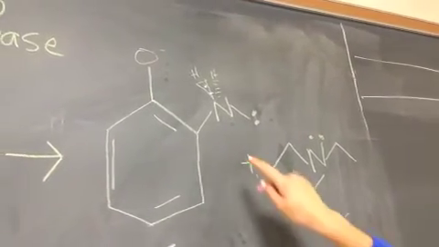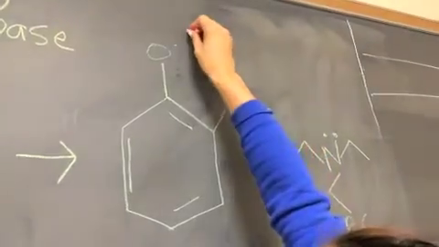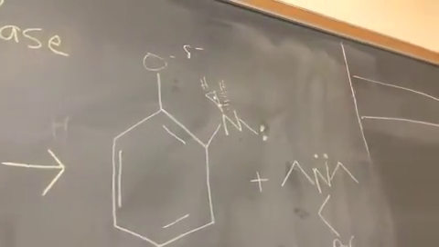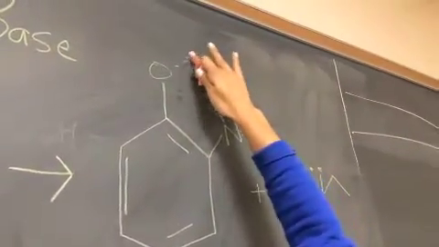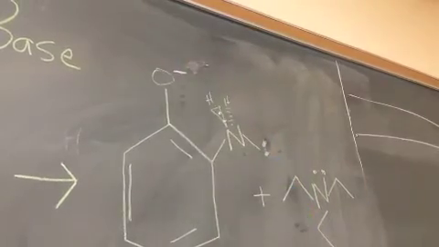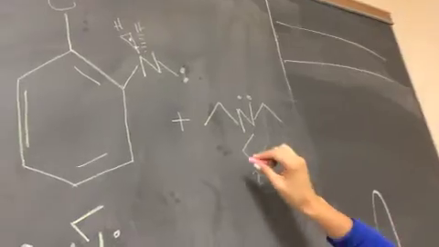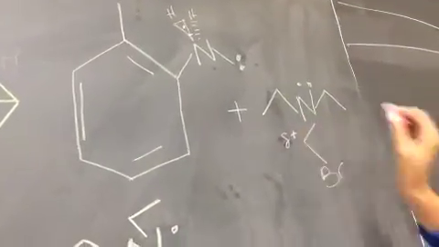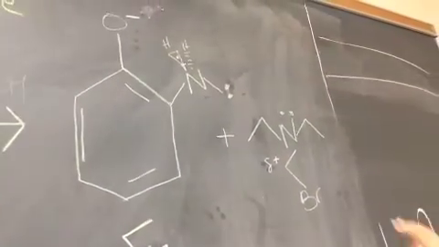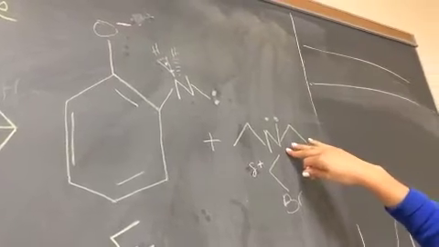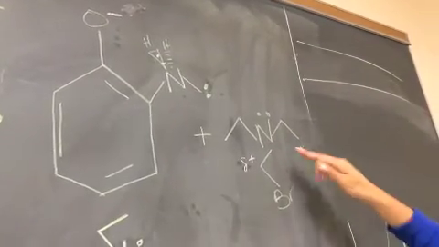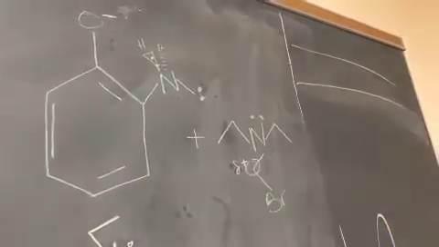So in this oxygen, we have a partial negative charge, or actually no, we have a complete negative charge. And then on our other reactant, we look for a positive charge that will attract that negative charge. So the nitrogen is most electronegative and will make this carbon our most positive.